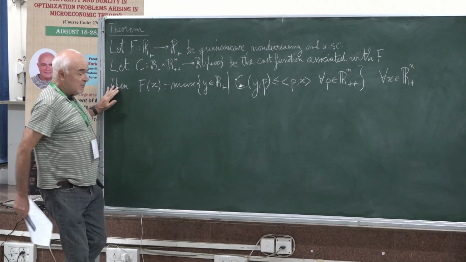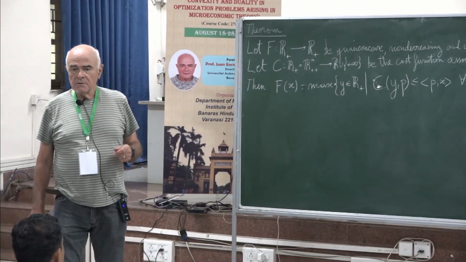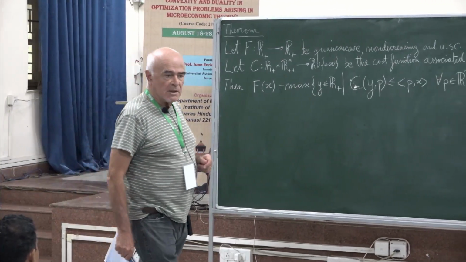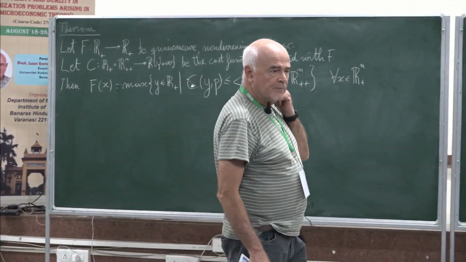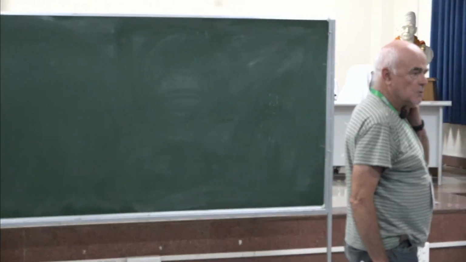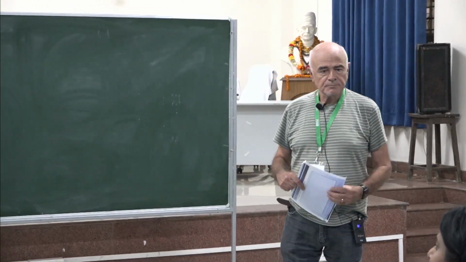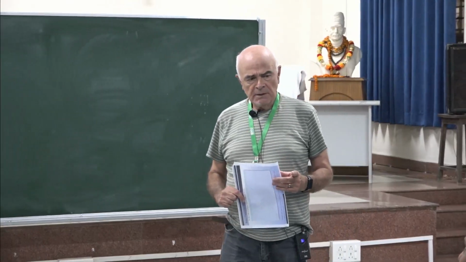And then we find the original production function. That's the result. Okay? So let us make the proof. The proof is not so complicated. Is the statement clear?